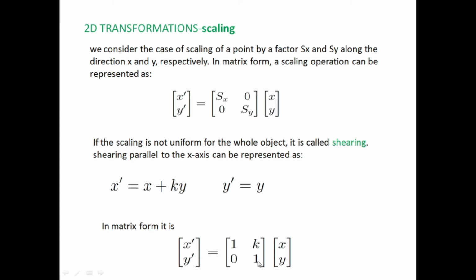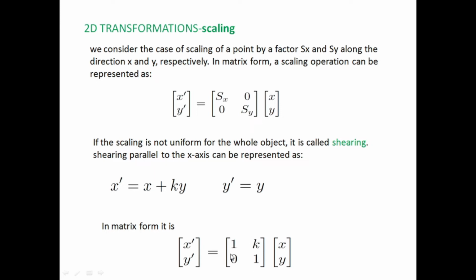In the shearing operation, the diagonal elements will be 1, and the element which is not undergoing the shearing is 0. Here y is not undergoing any shearing. That means y is not being scaled. So what will be the h_yx value here? That means it is 0 comma 0, 0 comma 1, 1 comma 0 and 1 comma 1.